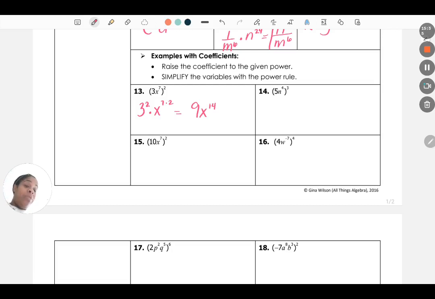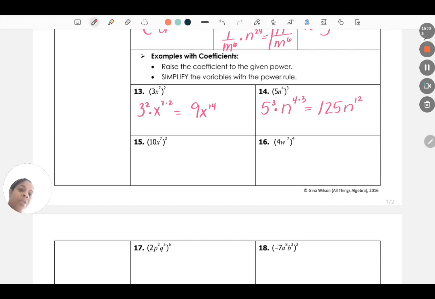If that helps you to visually see it, if you're one of those people. So in this one we have 5 raised to the 3rd power times n raised to the 4th power, and we have to times that by 3, which will give us 5 times 5 times 5 is 125, n to the 12.